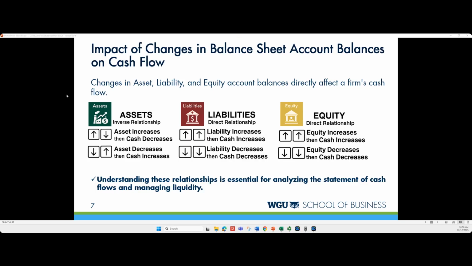Okay, and then lastly, equity is also going to be a direct relationship. When equity accounts increase in value, then cash is going to increase in value. Perfect example. One of our main equity accounts we look at is retained earnings. Well, a primary feeder of retained earnings is net income.